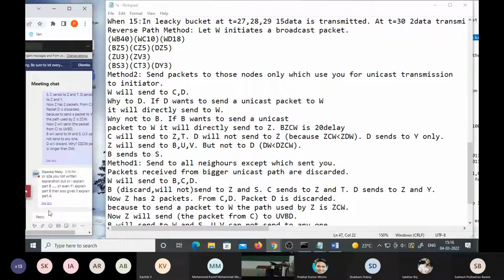I cannot understand whatever you are saying, Deepankar. You send me the mail and I will reply to this. I cannot understand it. What are you writing?